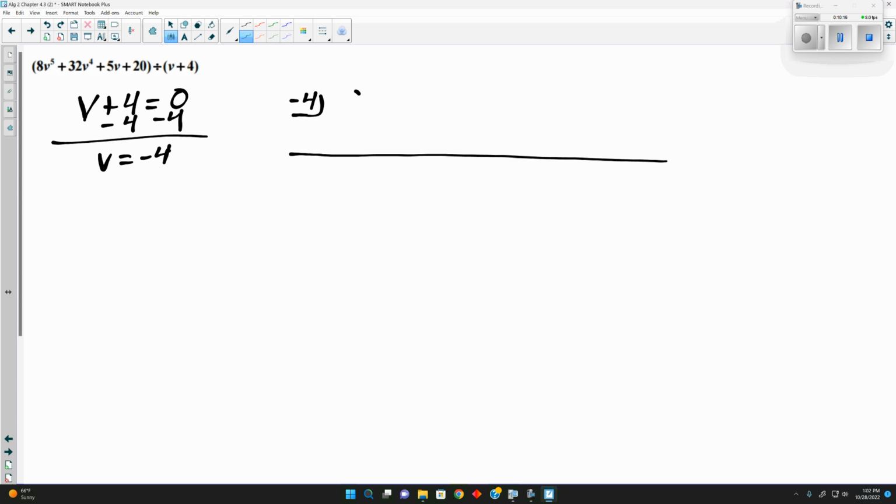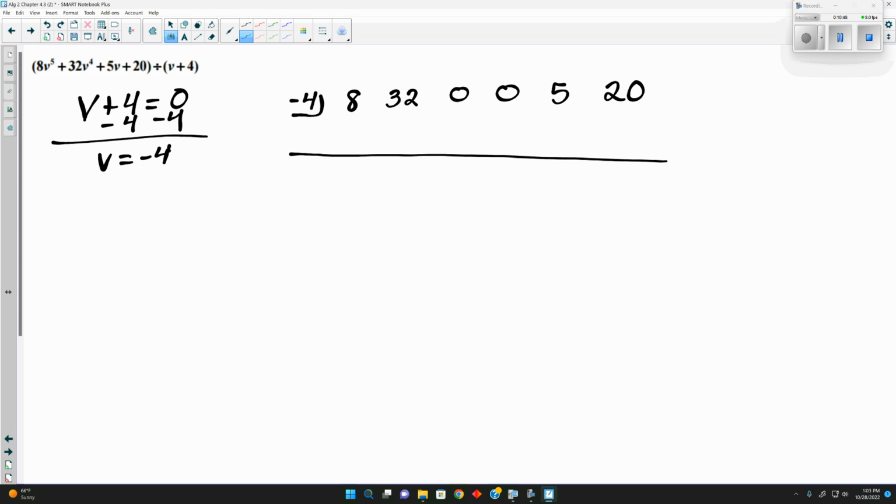So we would have 8. Because we started out with v to the 5th, so we have that one. Then we need v to the 4th. We don't have a v to the 3rd power, so we put it in as 0. We also don't have a v to the 2nd power, so we put it in as 0. We do have v to the 1st, or v, which would be our 5, and then 20.